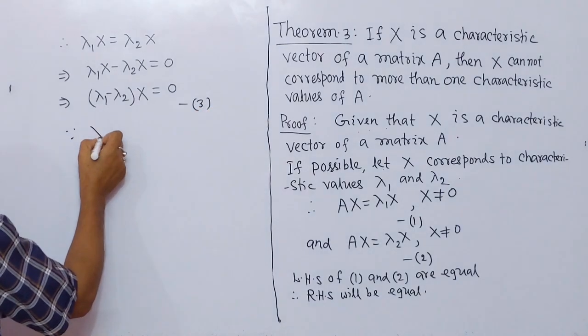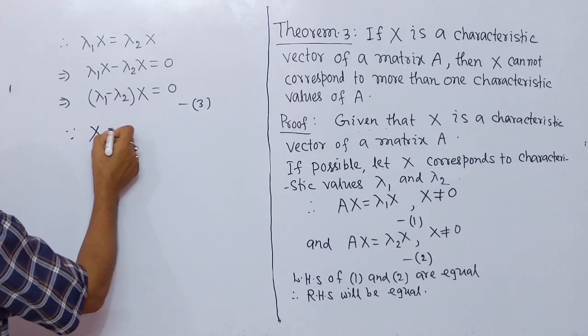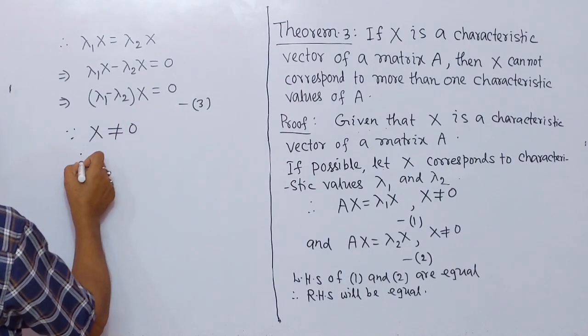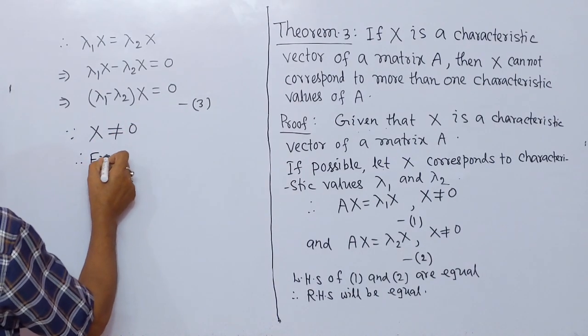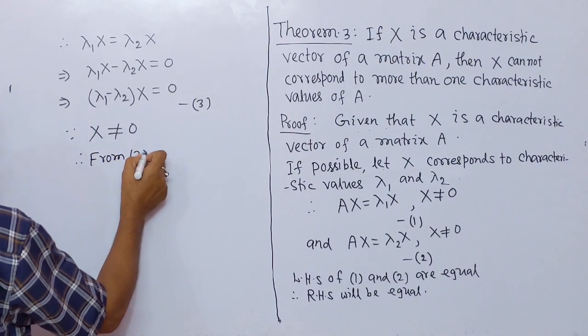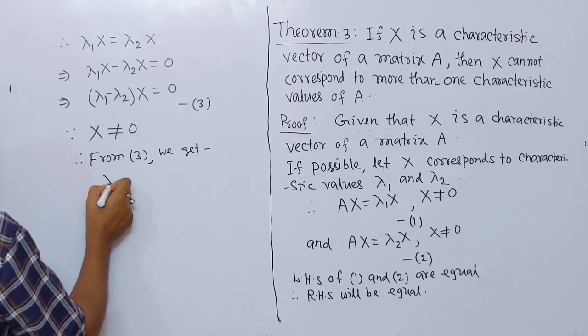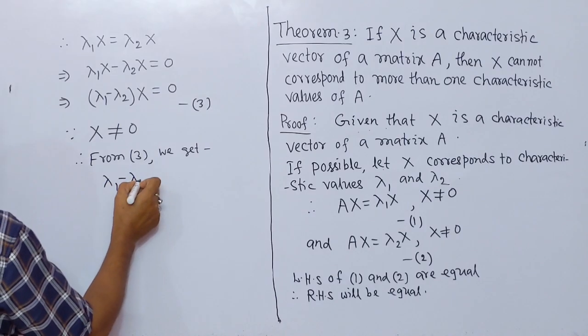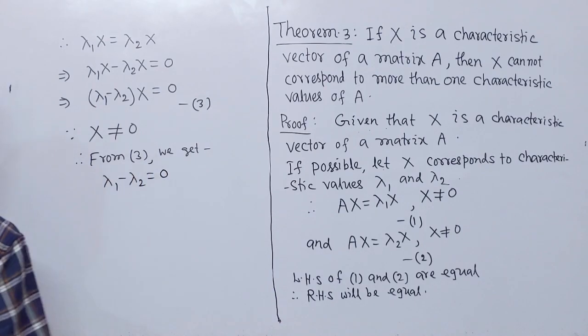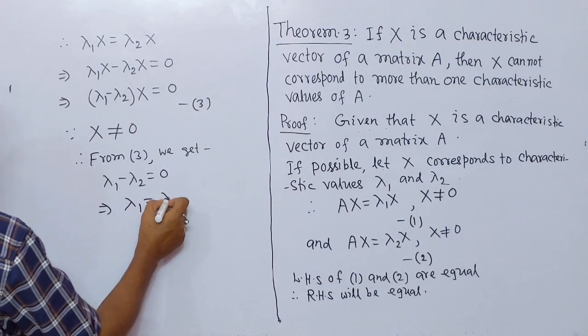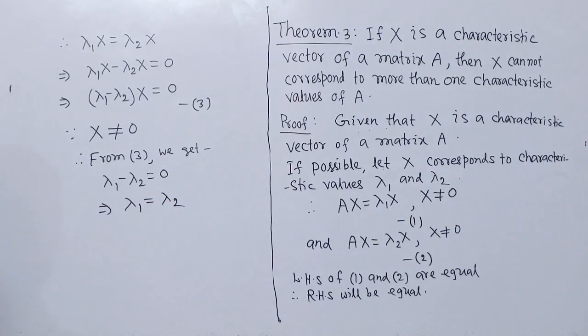Since x is not the 0 vector, therefore from 3 we get lambda 1 minus lambda 2 is the 0 number, which implies that lambda 1 equal to lambda 2.